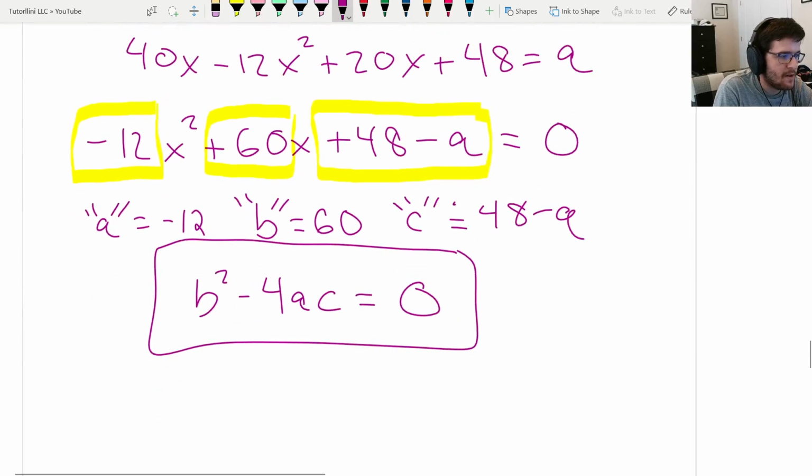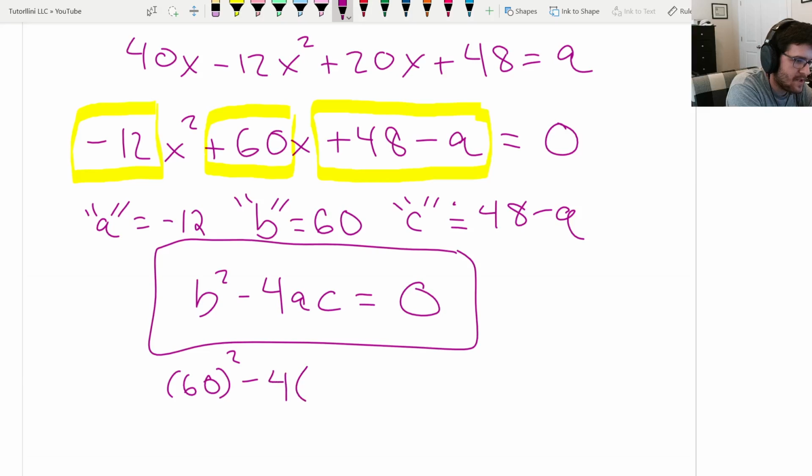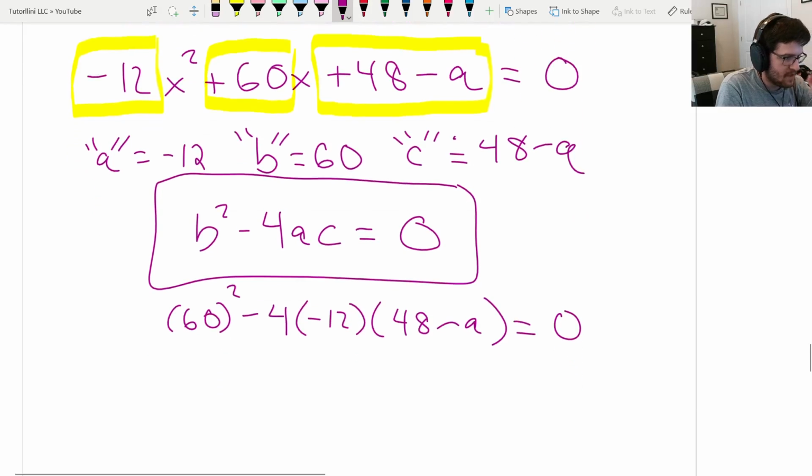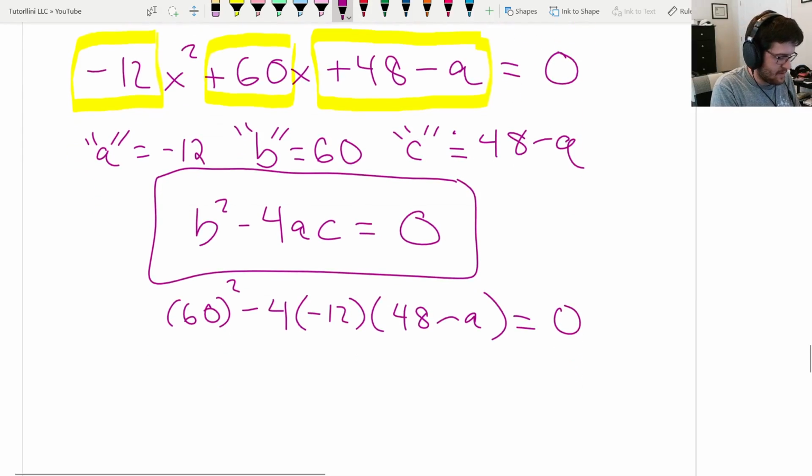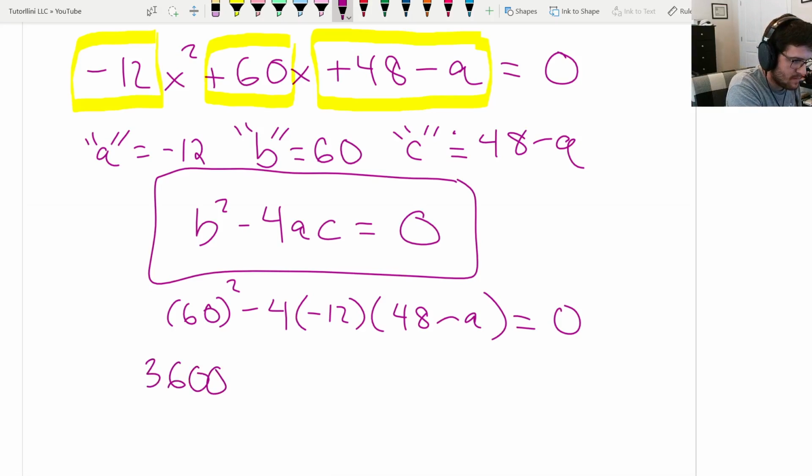Okay, hopefully I did all this right and I don't have to redo it. Okay, A is negative 12. Okay, so 60 squared minus 4, negative 12, and then C is 48 minus A equals 0. So what's 60 squared? 3,600. And then minus 4 times negative 12.